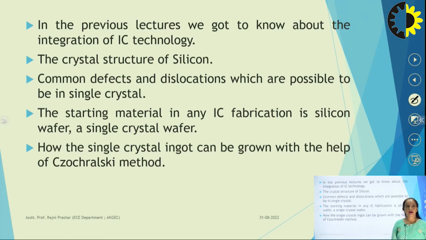We also learned about the growth process using the CZ method, the Czochralski method, in which we grow a silicon ingot. In today's lecture we will get to know about the next processing steps for the silicon crystal ingot.